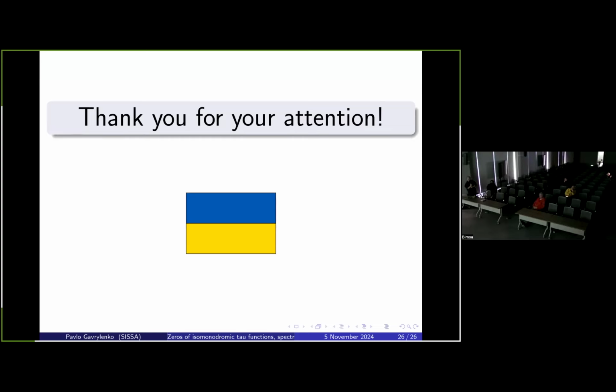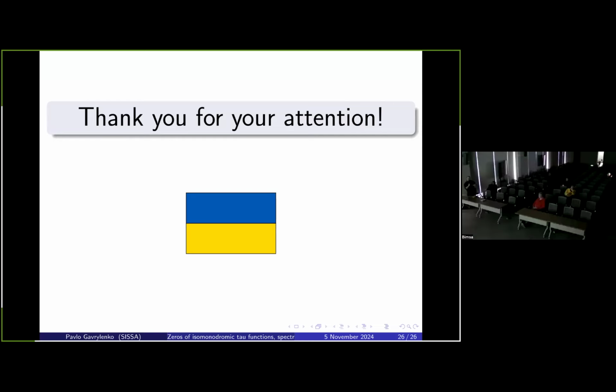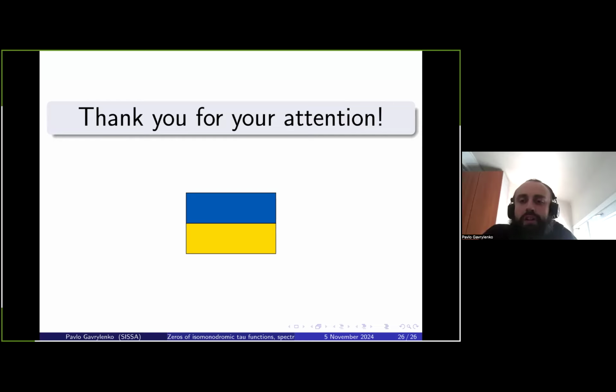So let me ask. So that zeros of isomonodromic tau functions correspond to quantization conditions in some spectral problem. Yes. The last part was about some expansion near zeros. Yes.